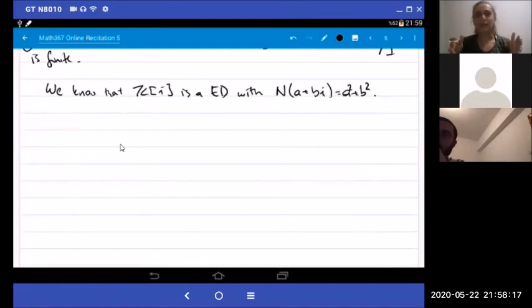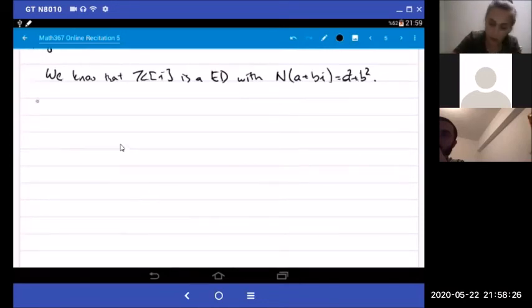Principal ideal means that the ideal is generated by just one element. Okay?